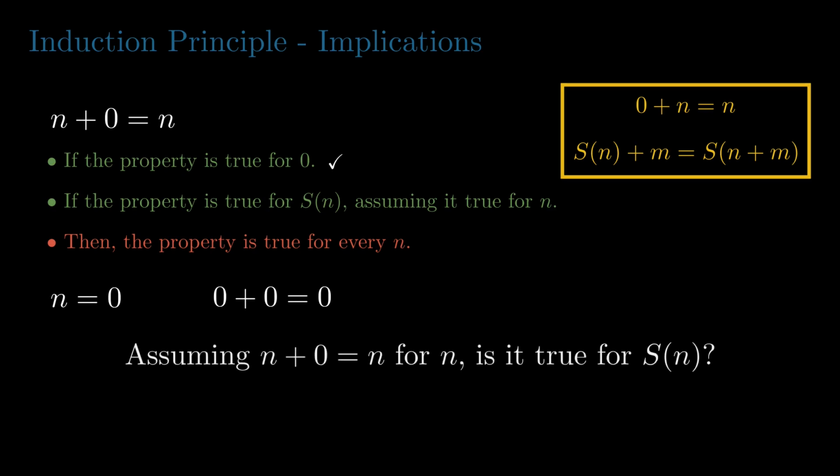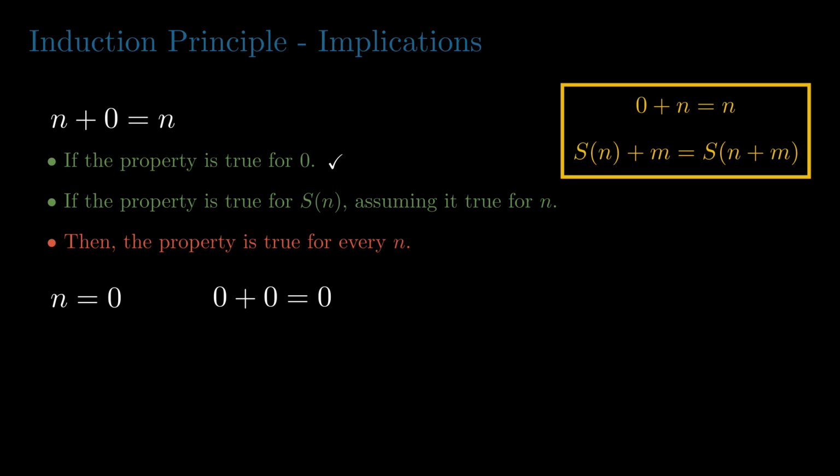Now, assuming that n plus 0 equals n is true for a given and fixed n, is it true also for its successor S of n? Well, the expression becomes S of n plus 0, which is equal to S of (n plus 0), thanks to our second formula.